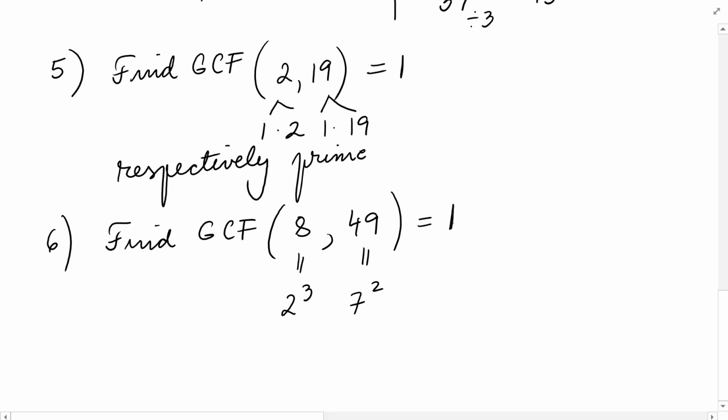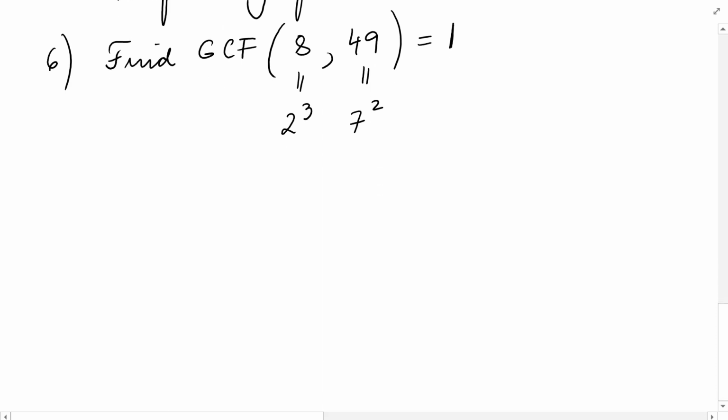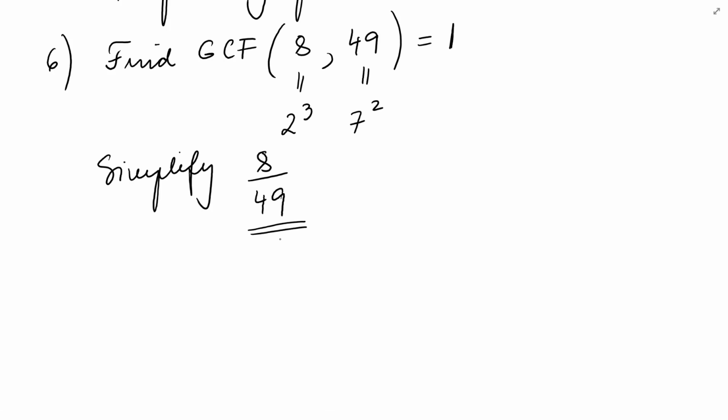So again, these two numbers are respectively prime. So if, for example, you had the problem simplify 8 over 49, you wouldn't be able to go any further. This is the simplest form because these two numbers don't have any common factor.